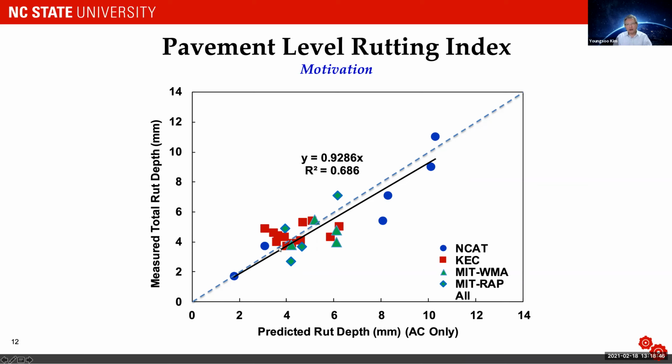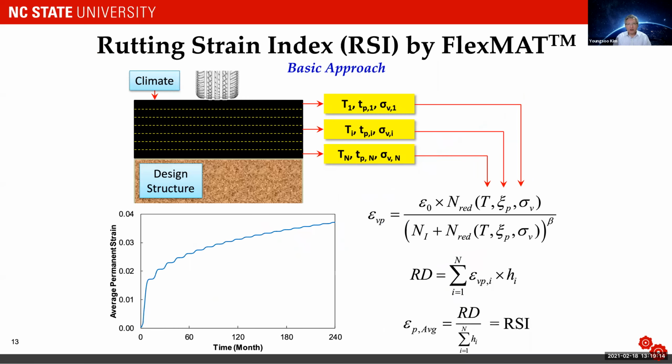And by the way, for this correlation between measured and predicted, we simply got the original materials used in these test projects, ran AMPT SSR test, and then plugged them into FlexMat, plugged them into FlexPave. There's no correction factor, nothing, and we were able to get a pretty good relationship between measured and predicted. So based on this motivation, we came up with this rutting strain index.